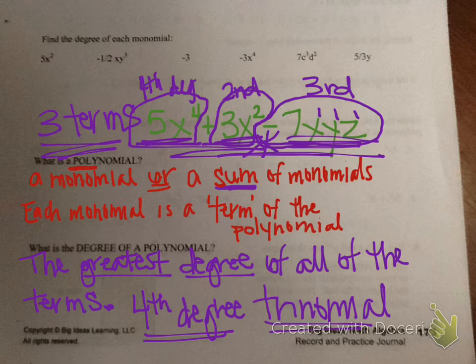So polynomials in standard form means that the terms are listed from greatest to least degree.